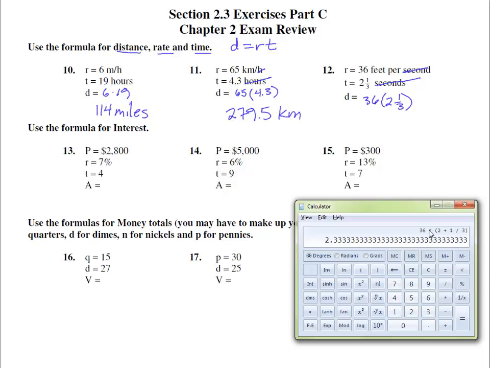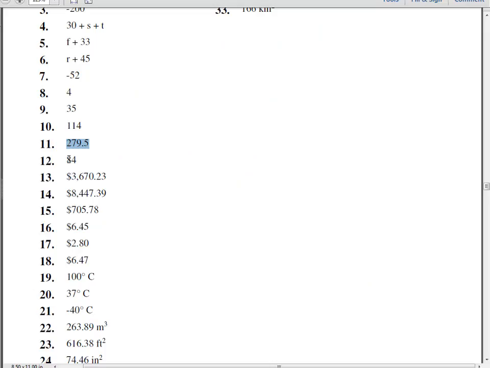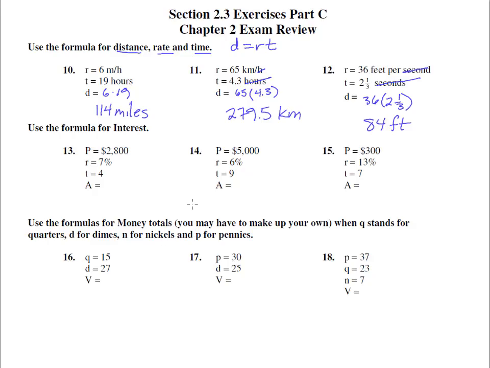So I just did 36 times 2 plus 1/3. That's 2.333333, which is 2 1/3. Now I hit equals one more time and it gives me the answer, 84 feet. Let's double check that answer. And yes, 84 feet is the answer.